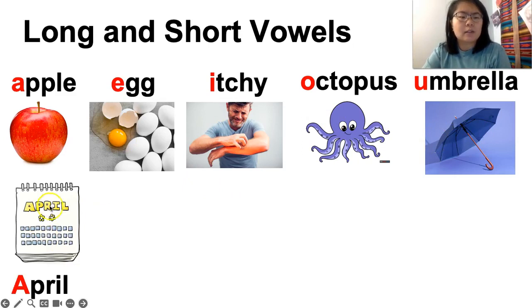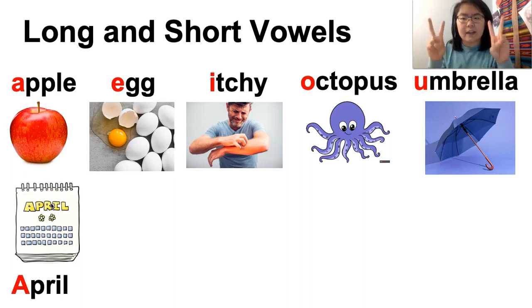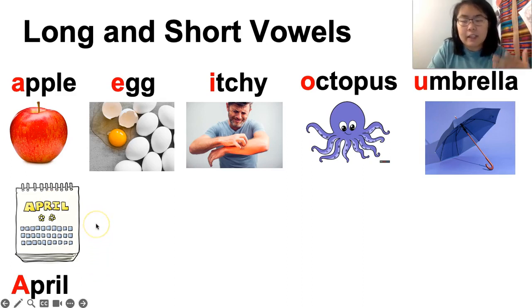Moving on, we also learned the long versions of the vowels. And the long versions, we can say, long vowels say their name, right? The name of the letter, the name of the vowel is A, like April. So that's the long version, right?